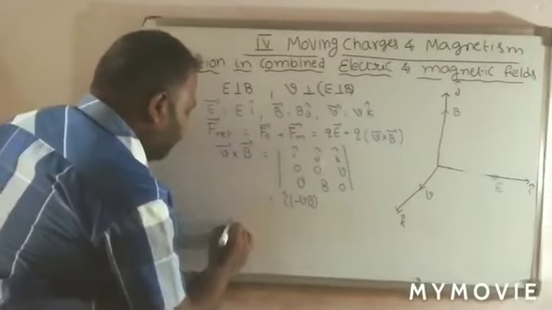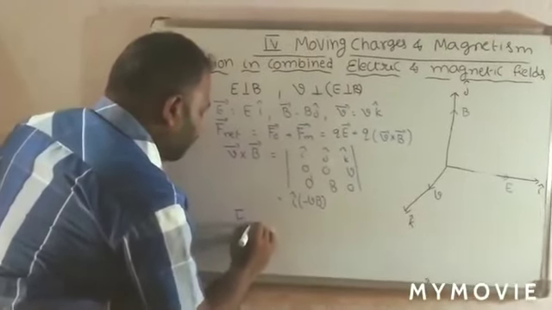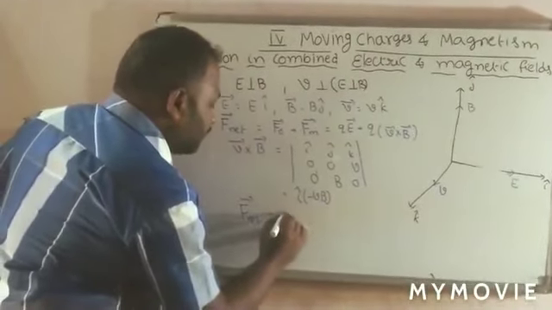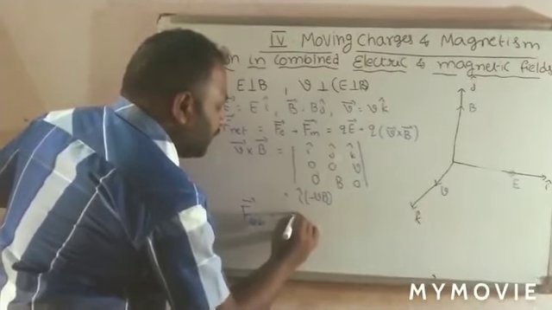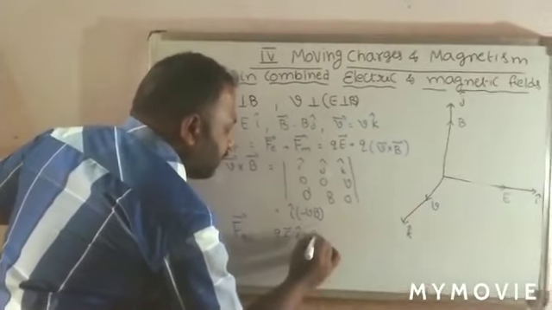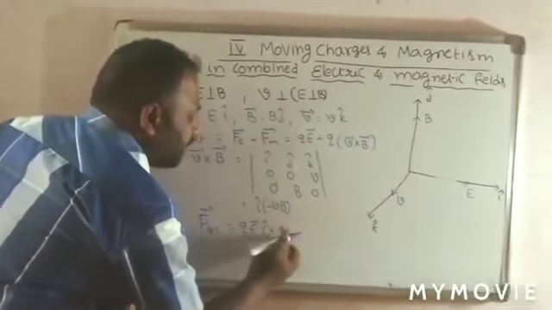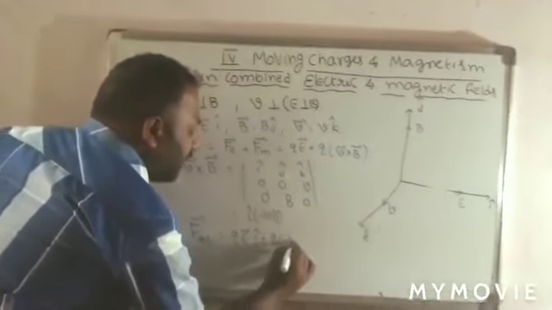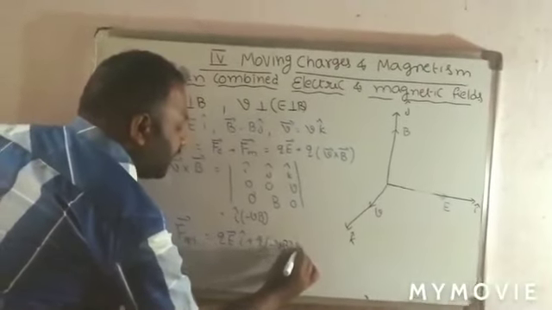Substituting here, we obtain the net force equal to Q into E i cap plus Q into V bar cross B bar, which is minus VB i cap.